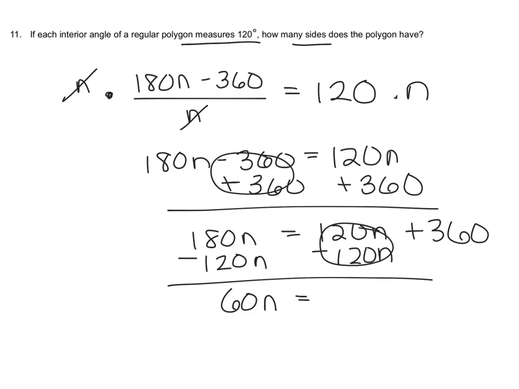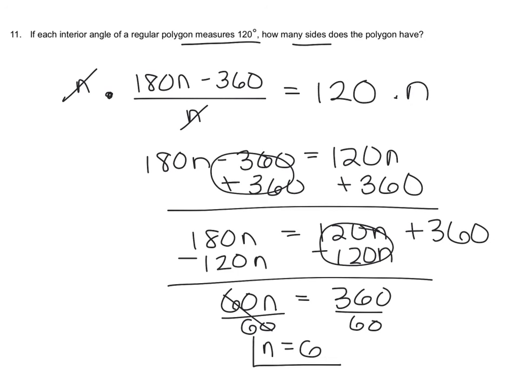And that equals 360. Next, we'll divide both sides by 60, and we're left with n equals 360 divided by 60, which is 6. This tells us that the polygon has 6 sides, and this is our final answer.